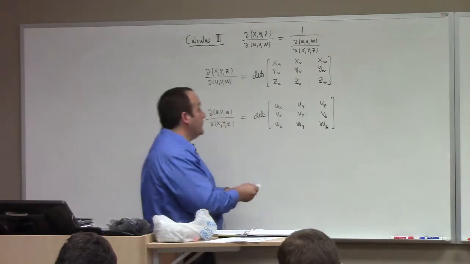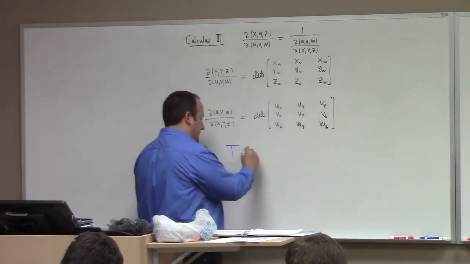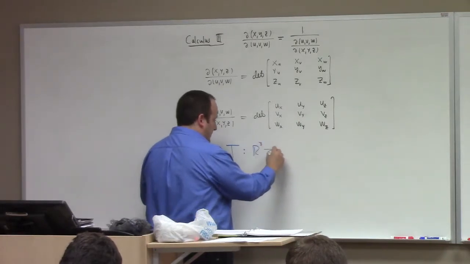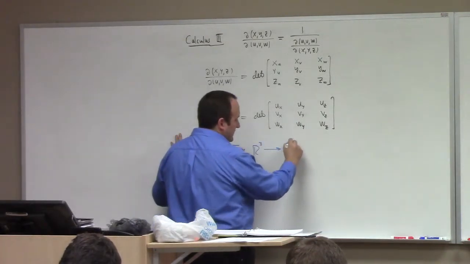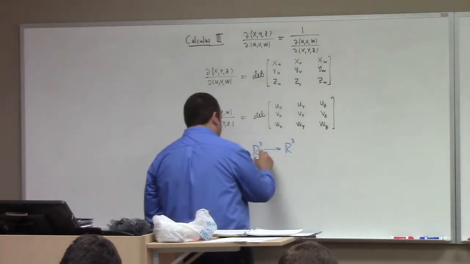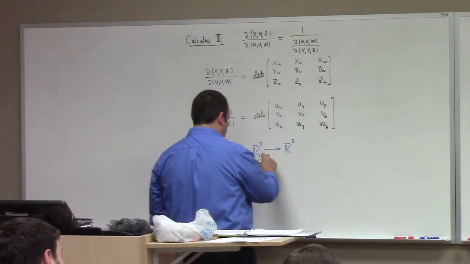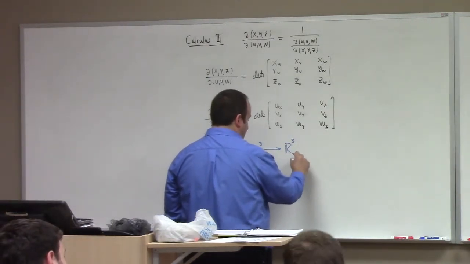So really, what we're talking about here is some sort of transformation, let's say from R3 to R3, just to keep things simple, technically there's fine print there. Maybe we're going from R3 with UVW to R3 with XYZ.